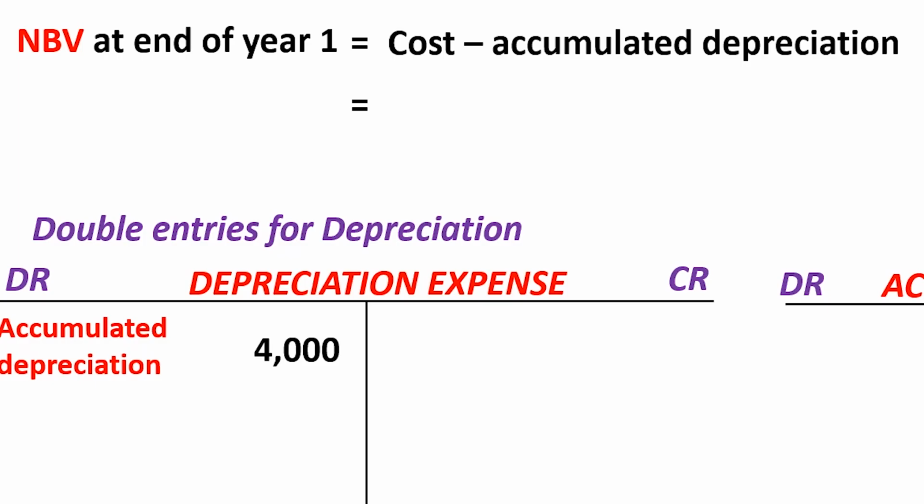So in this case, the net book value that is going to appear in the balance sheet is 10,000 minus 4,000, which is 6,000. So 6,000 is the net book value of this asset at the end of the first year.